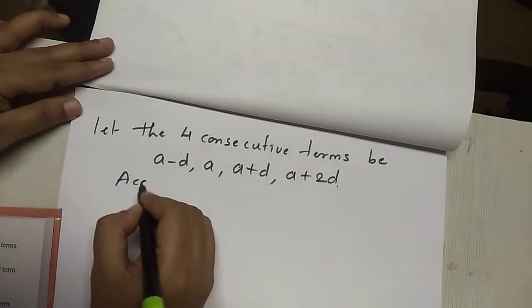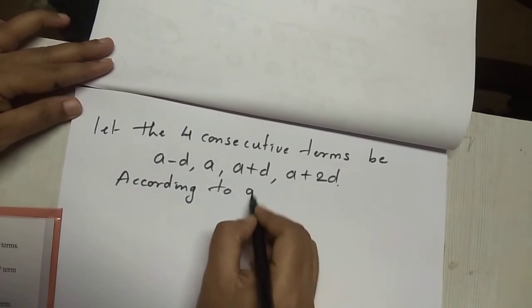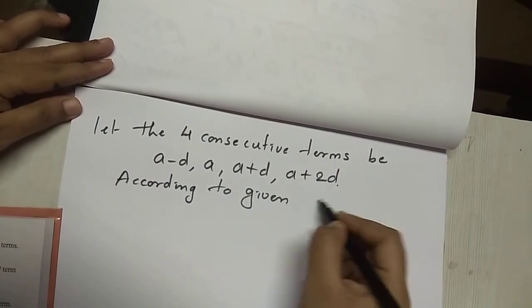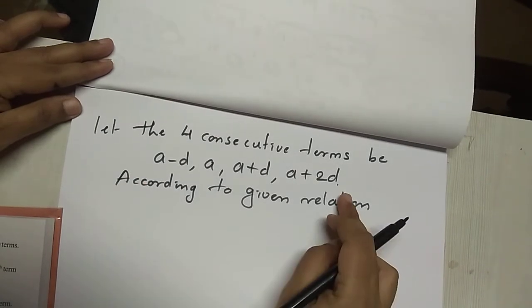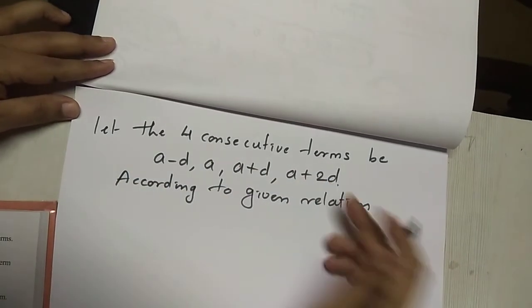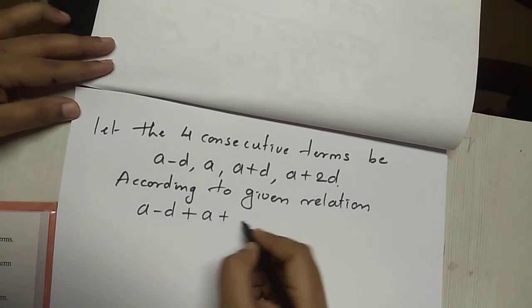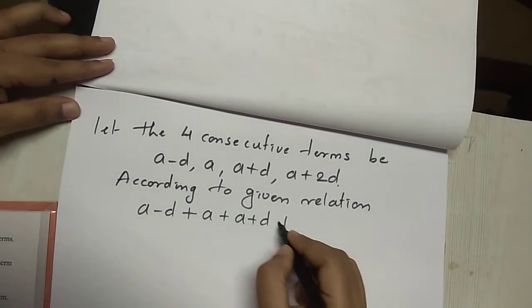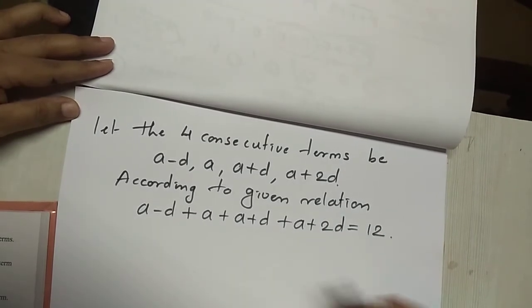So according to the given relation, the sum is given as 12. So let's add all these four: a minus d added with a, added with a plus d, added with a plus 2d. The answer is given as 12.